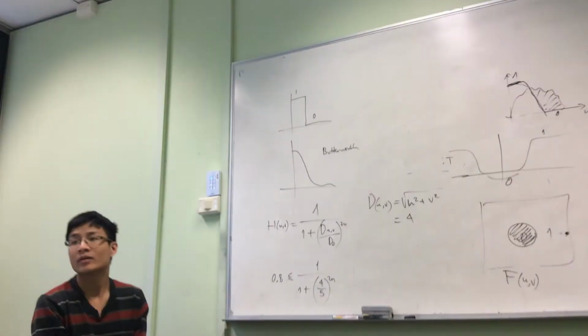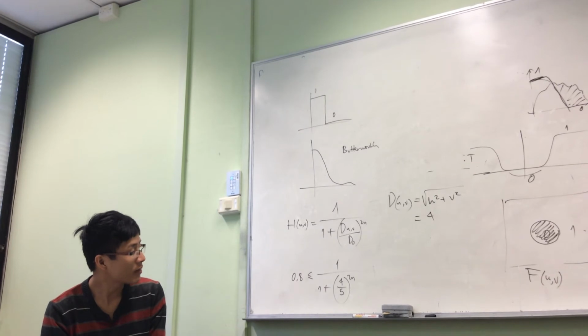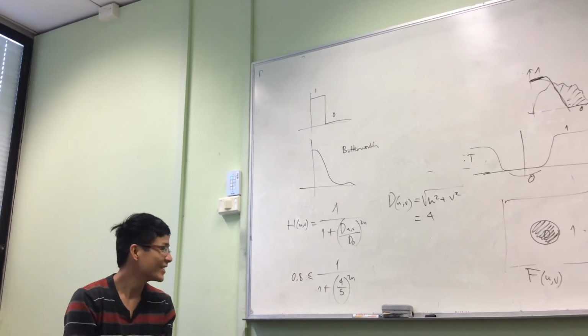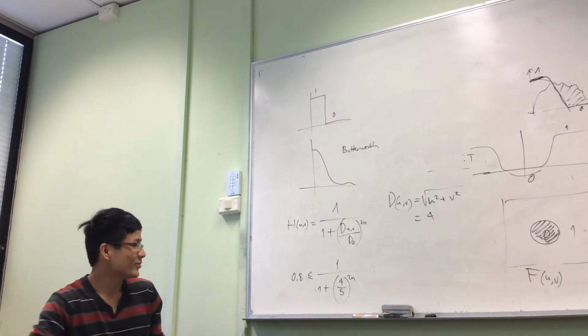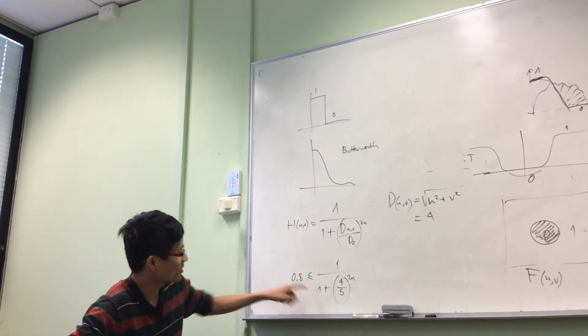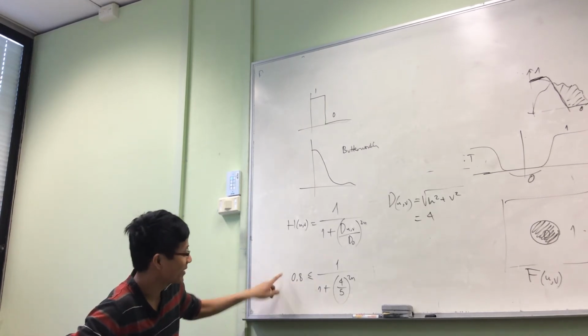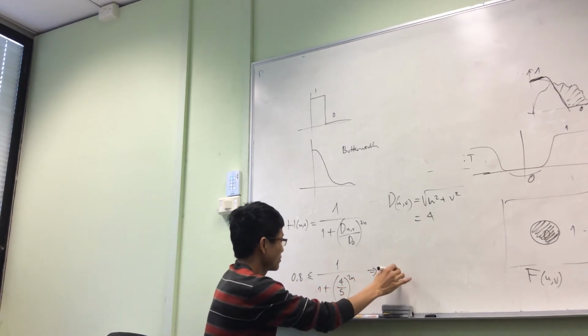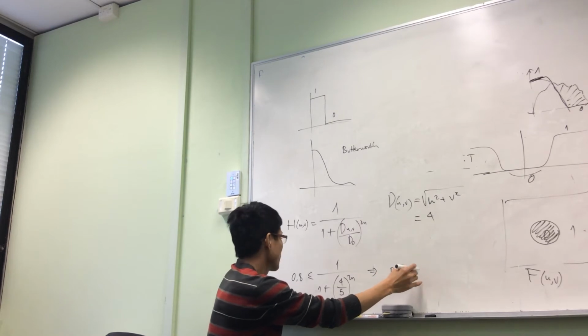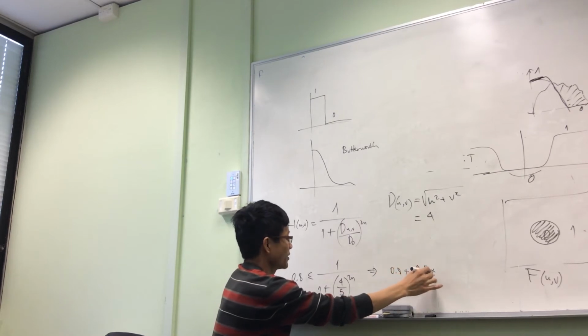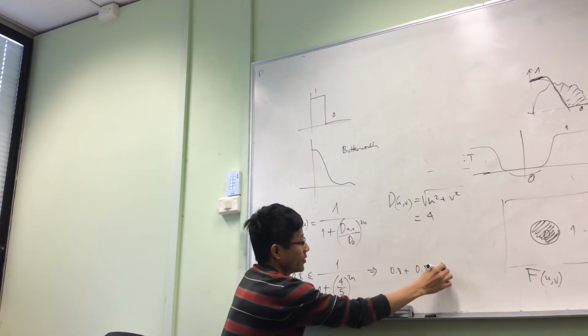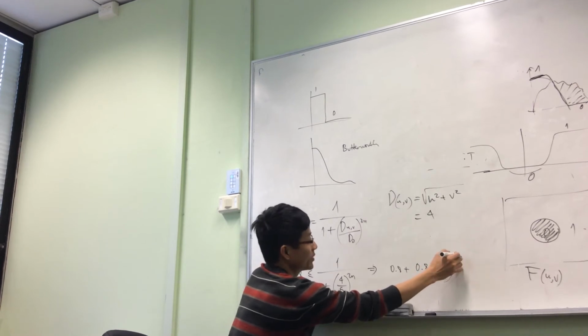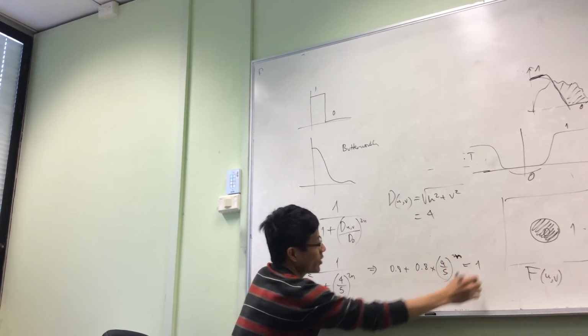How can we solve this? Take it to the top: it will be 1 minus... 0.9 times (4 over 5) to the power of 2n equals 1. Easier now.